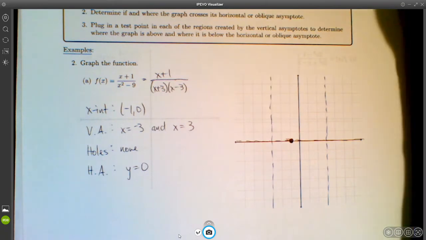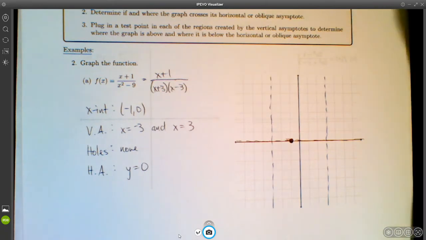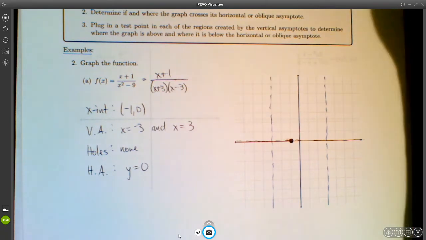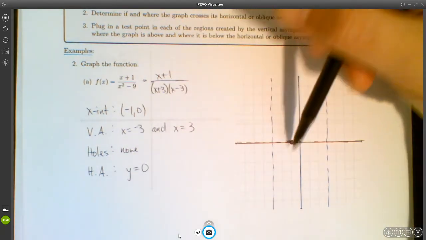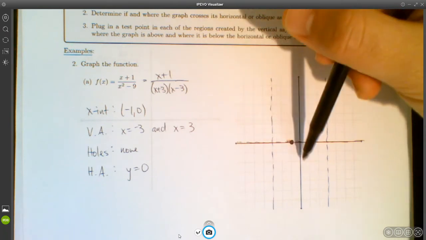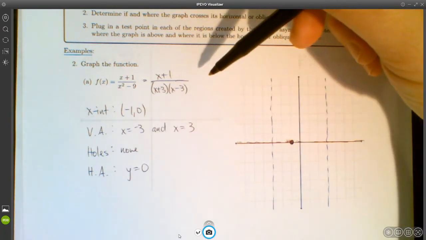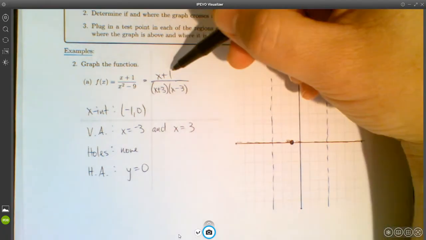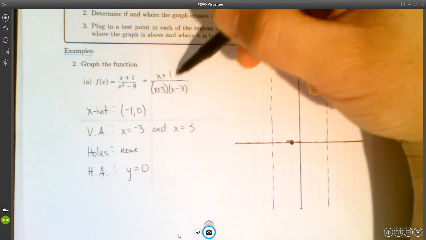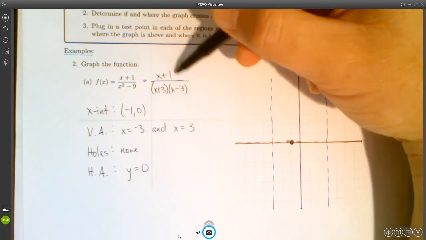In fact, something that I haven't mentioned but that is fairly intuitive is that the rule for multiplicities about whether or not the graph crosses or just touches is the same for rational functions as it is for polynomial functions. So our zero at -1 is a zero of multiplicity 1.